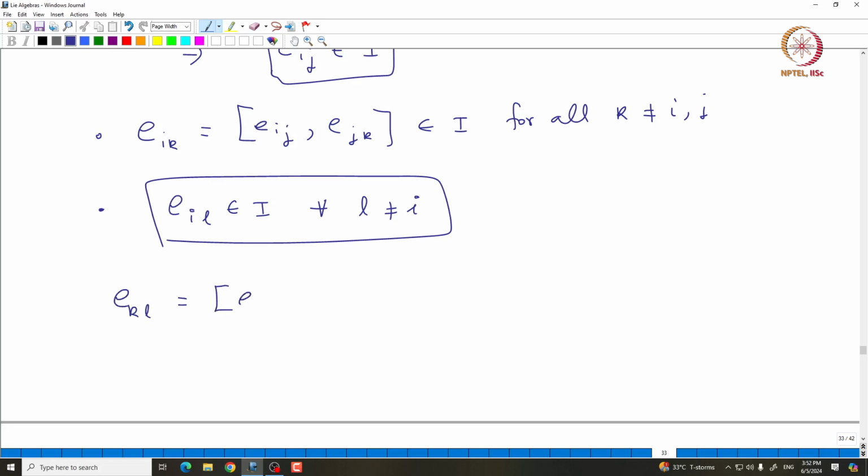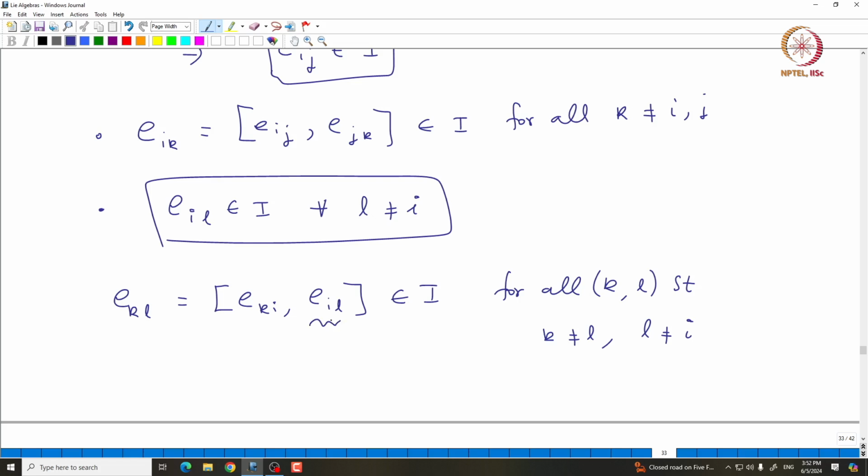This is going to be the bracket of E_KI and E_IL, and this is going to be inside I for all K, L such that K is not equal to L and L is not equal to I. As long as you choose L not equal to I, this element is going to be inside I, and if you hit it with any E_KI, it is going to be inside I. That is why you get E_KL for all K not equal to L.